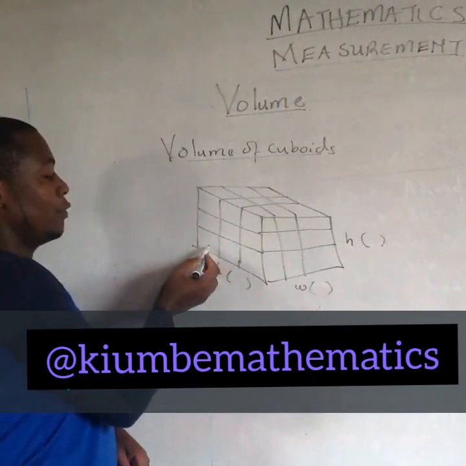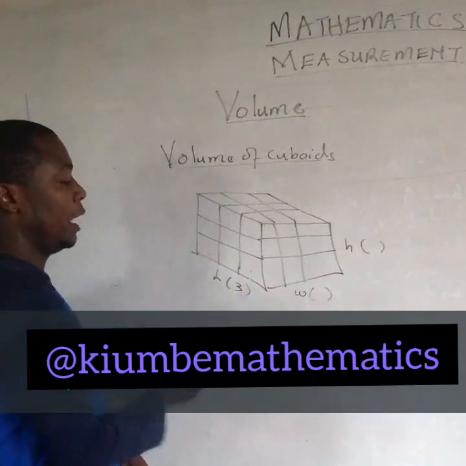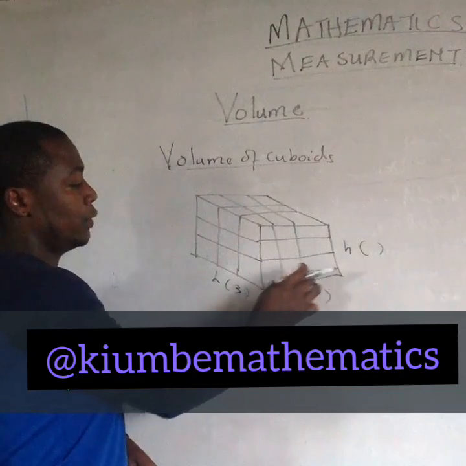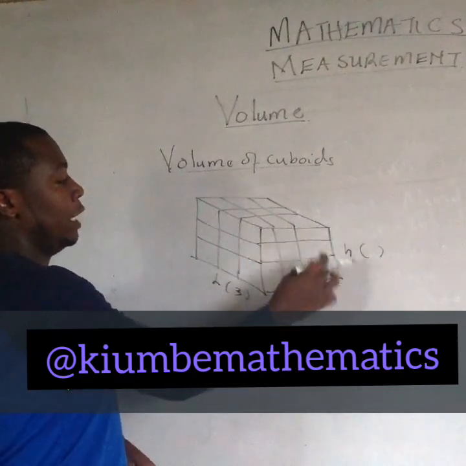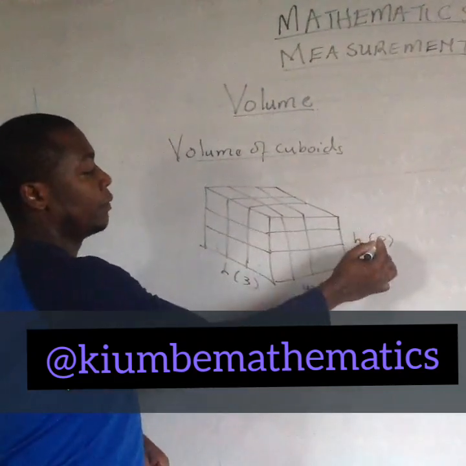So like in this case we have got 1, 2, 3 on the length, and also on the width 1, 2, 3, and on the height we have got 1, 2, 3.